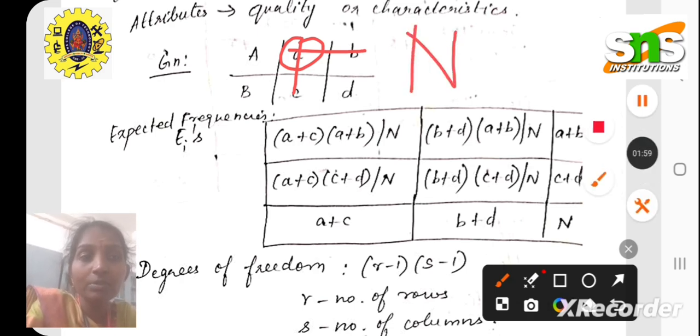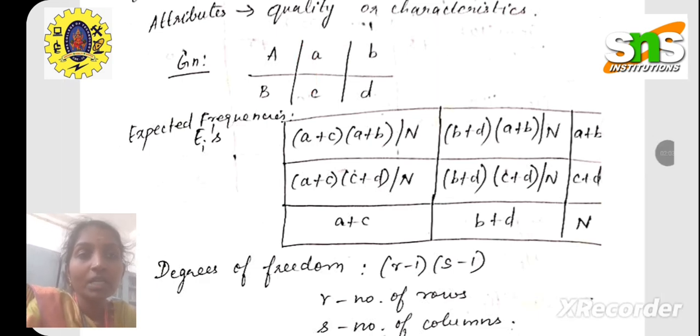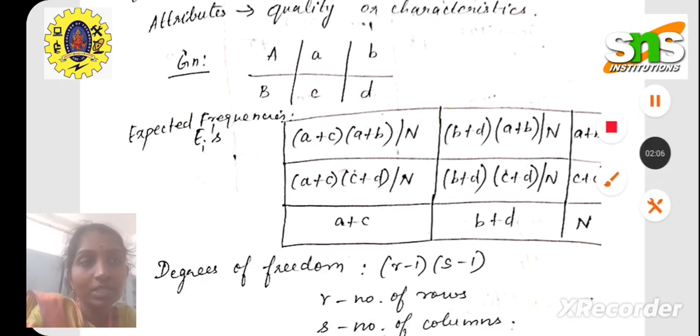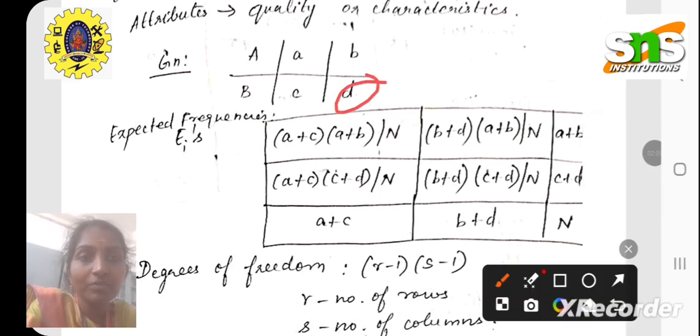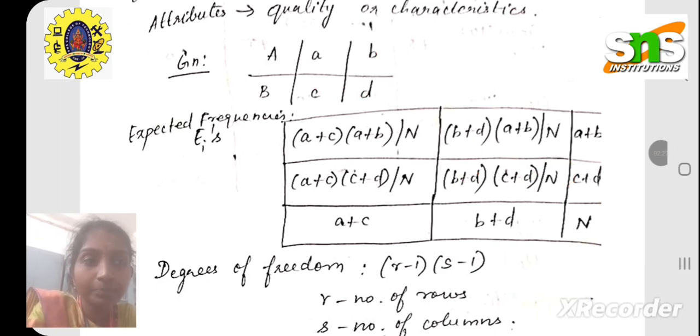That will be the expected frequency for the first term a. Similarly, for the d term, we add up c and d, b and d, and divide by n. That will be the expected frequency for the value d.